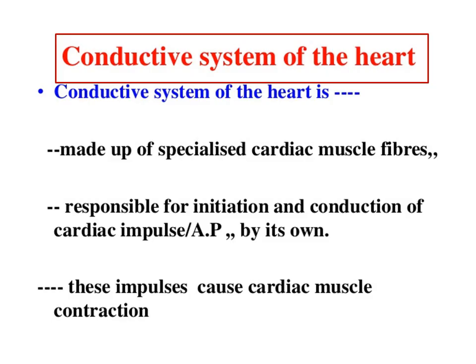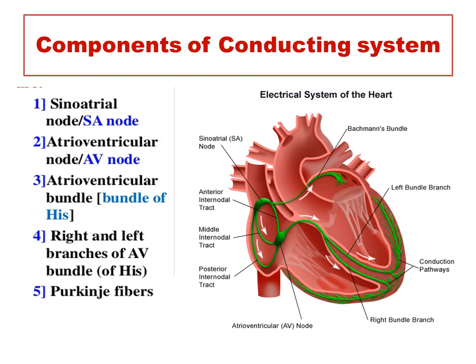Coming to the conducting system of the heart, which is made up of specialized cardiac muscle fibers responsible for initiation and conduction of the cardiac impulses. These impulses cause the cardiac muscle contraction.